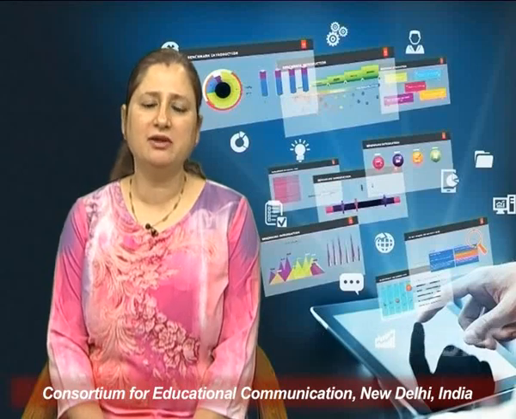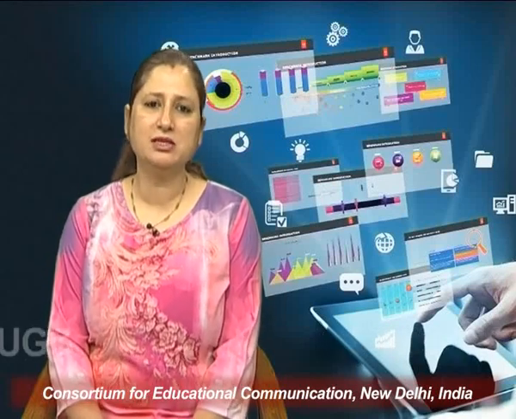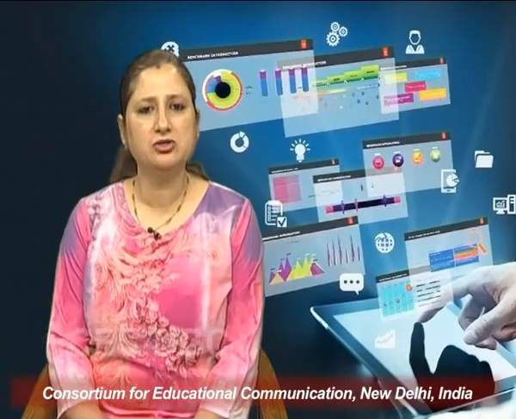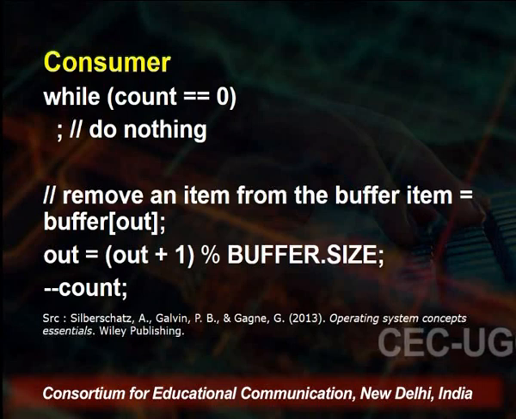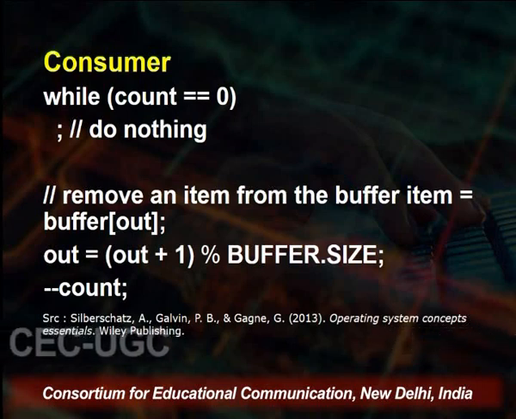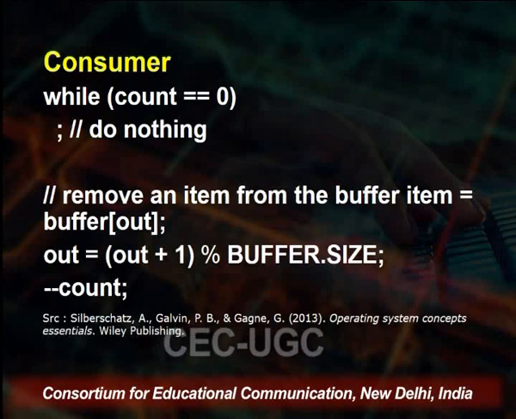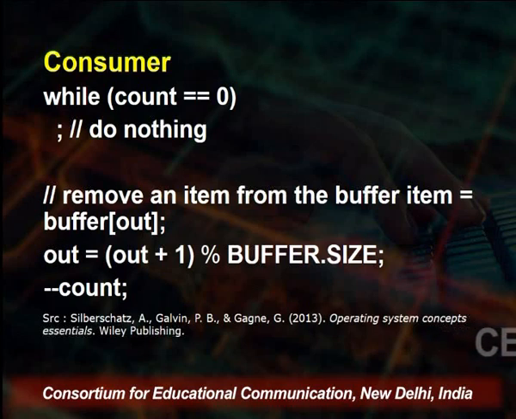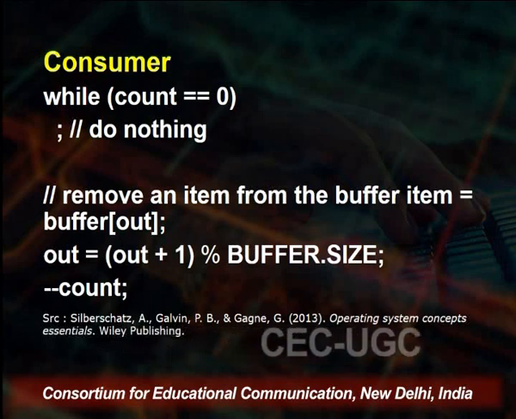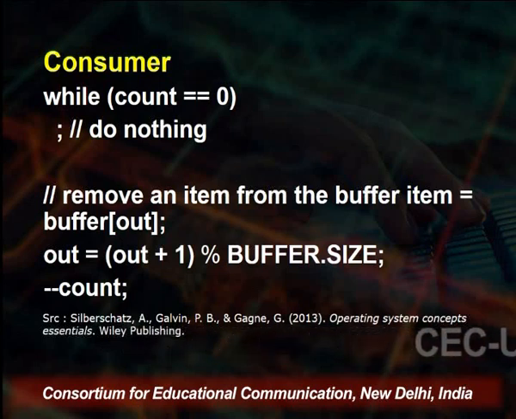On the other hand, what is the consumer doing? Again, the consumer will not do anything when the count is 0. If there is no item in the buffer, nothing can be consumed. But if there is an item in the buffer, then the consumer is going to pull out the last item from the buffer. This buffer is implemented using an array, or a different form, maybe a linked list or something.